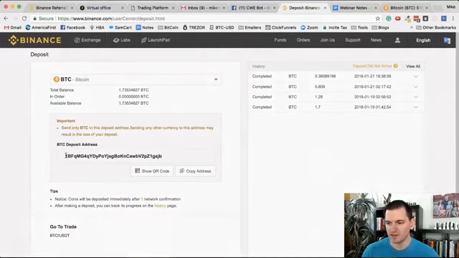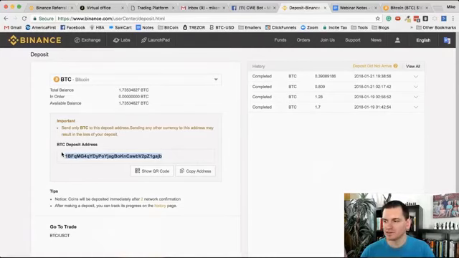You take this address and you send Bitcoin to it. So you go buy some Bitcoin from Coinbase, or from another exchange. Wherever you go, just go to another exchange, buy some Bitcoin. As soon as you've bought the Bitcoin, you send that Bitcoin to this address. So is everybody clear on that?